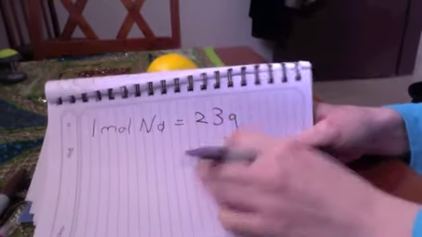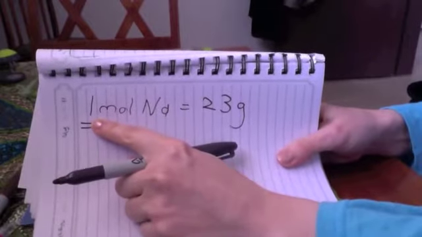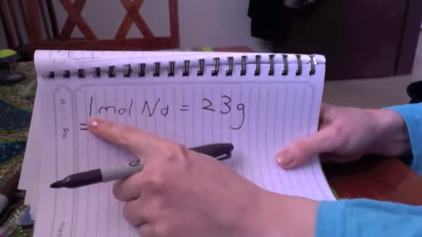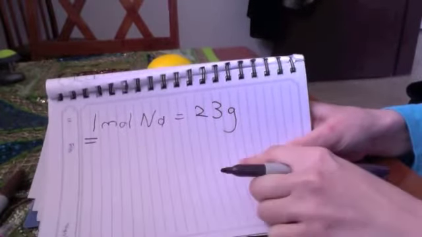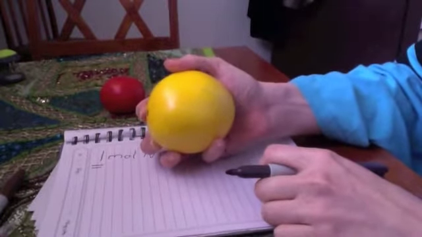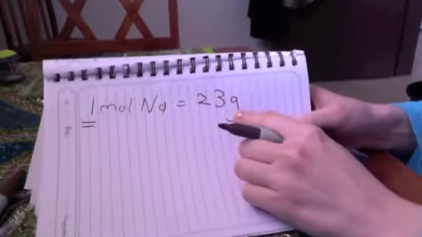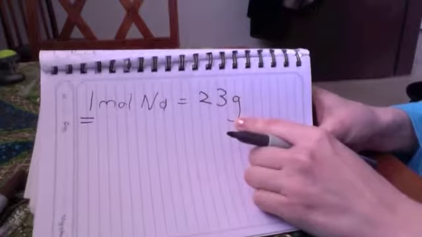Please, please remember, last video, when we were talking about Avogadro's number, we were talking about 1 mole having a certain quantity, a certain amount. Like if I were to say 1 dozen is 12, okay? If 1 dozen oranges is 12 oranges, and I put all 12 oranges on the scale, I should get some mass or some weight for those oranges, right?